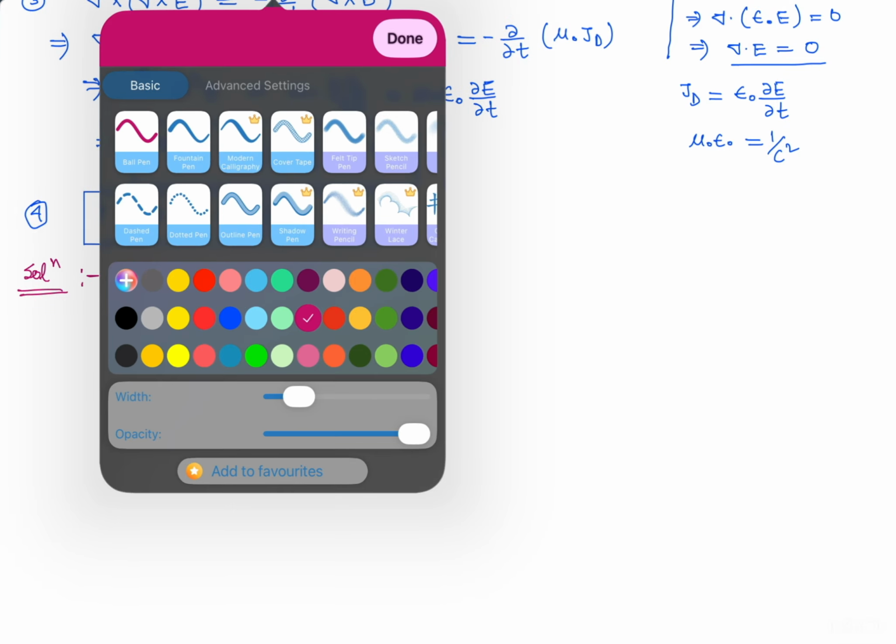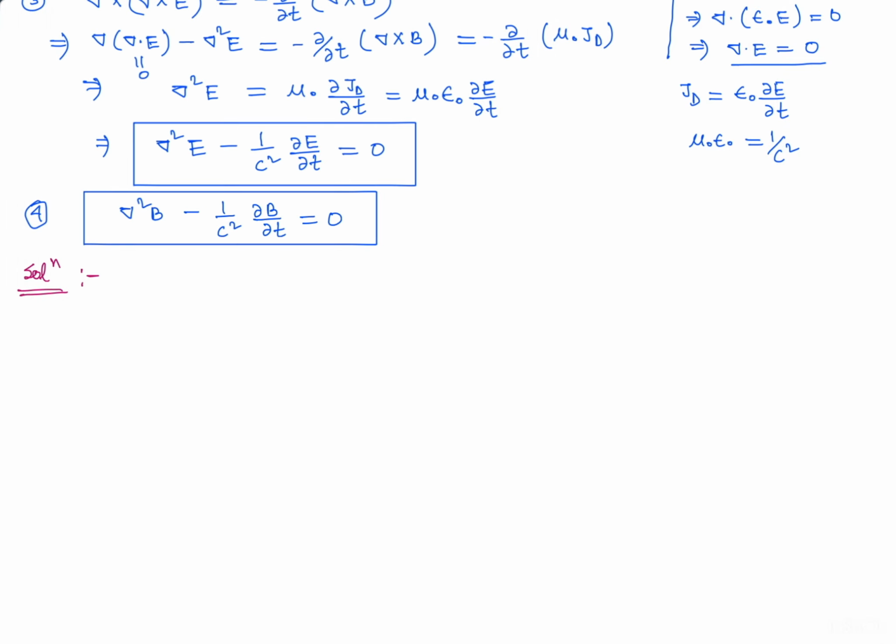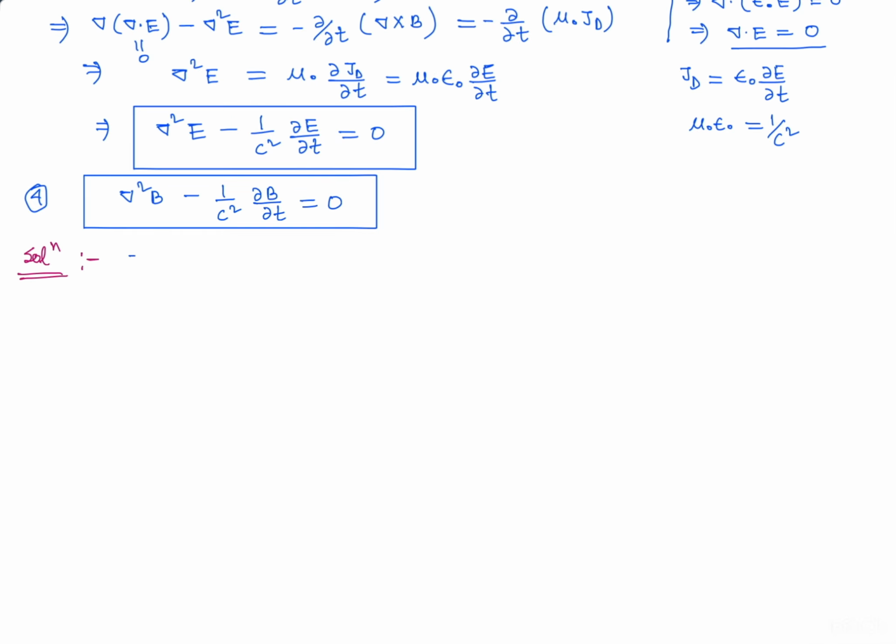For electric field it will be E equal to E0 exponential i k dot r minus omega t. And for magnetic field, B equal to B0 exponential i k dot r minus omega t. So these two are the solutions of the wave equation.